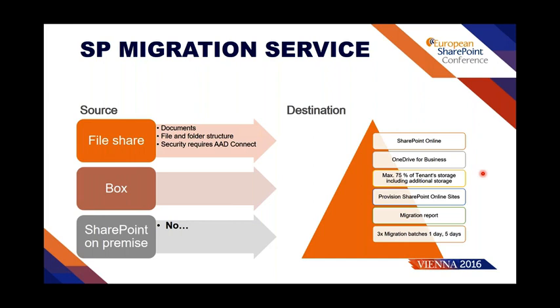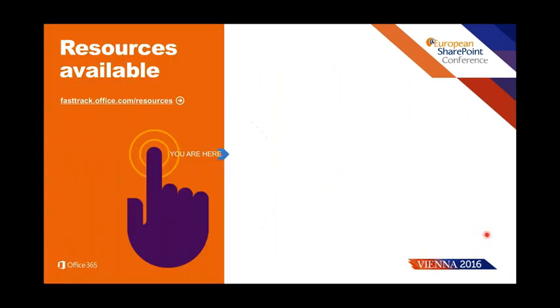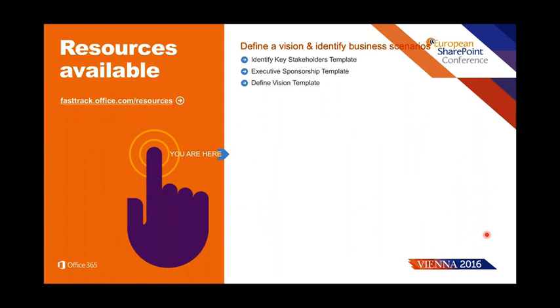And from the schedule, they are limited to 3 migration batches, so basically 3 jobs a single day, offered 5 days a week. There's a link available where they also include no files larger than 2 gigabytes, but some resources like these are also available at fasttrack.office.com/resources.